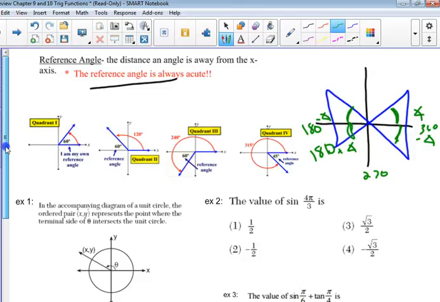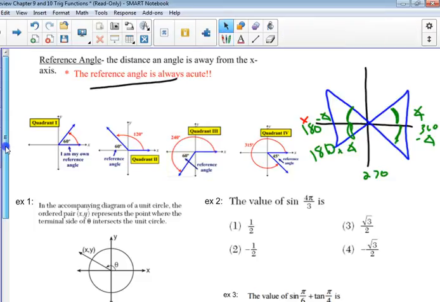But if you're going from 180 toward 270, it's getting bigger, so you add. We're having issues with when to subtract and when to add. Just make sure you're always using the x-axis. Nothing with 90 and 270. It's always 180 or 360.